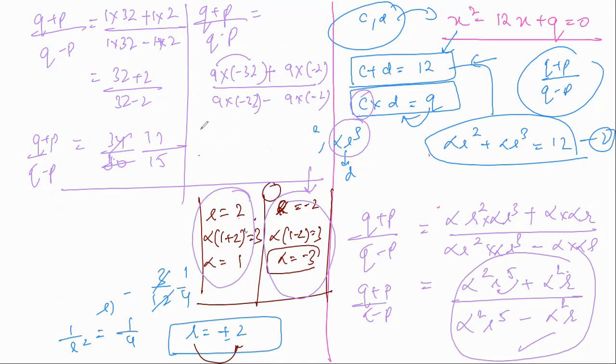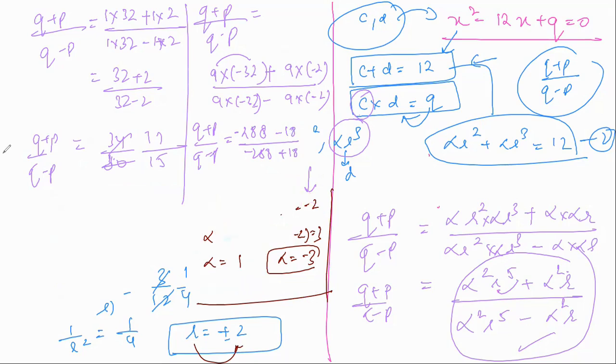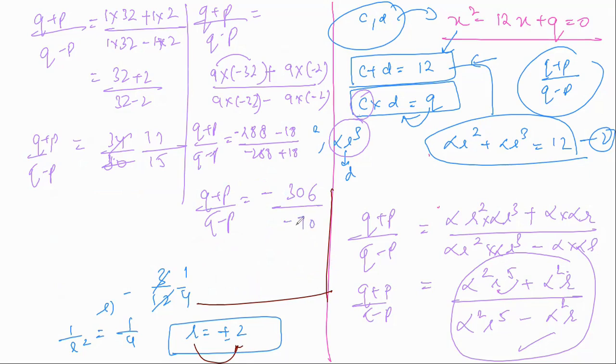So it will be 9 times 32 is 288, negative, minus 18, over again minus 288 and plus 18. We just have to solve it. So when I solve this portion, q plus p and q minus p is equals to minus 306 over minus 270, right?